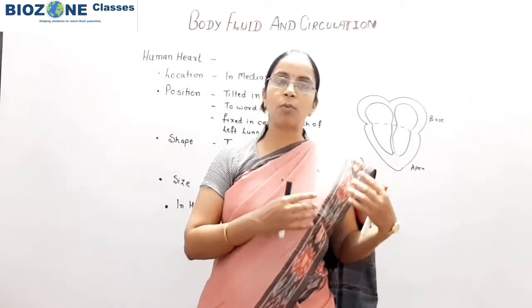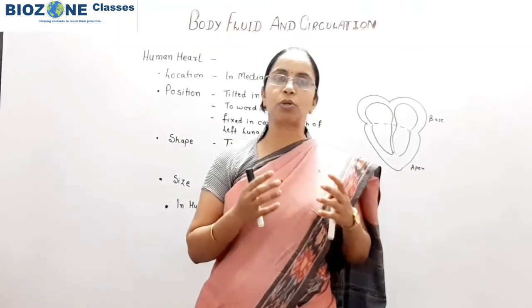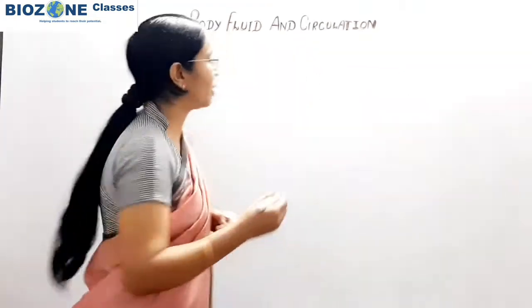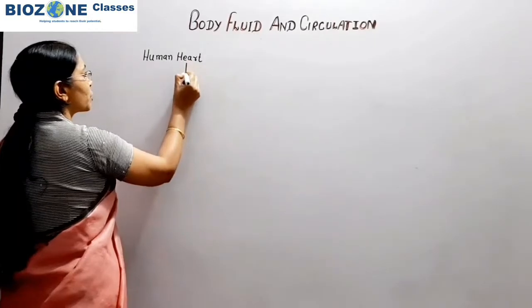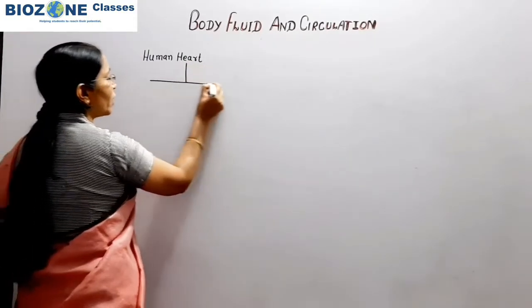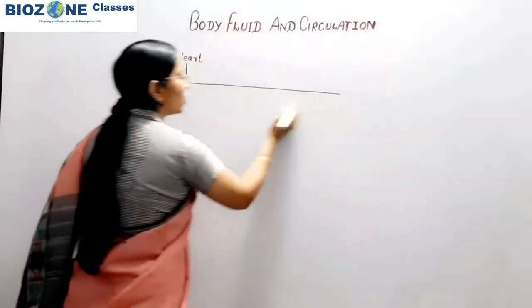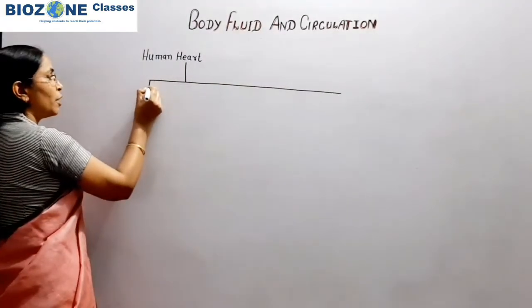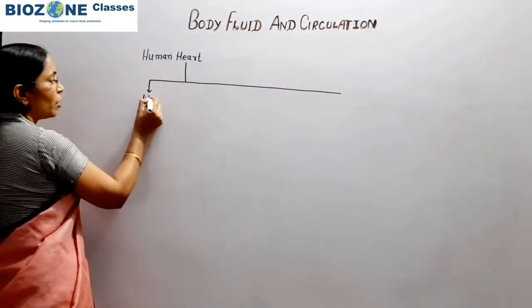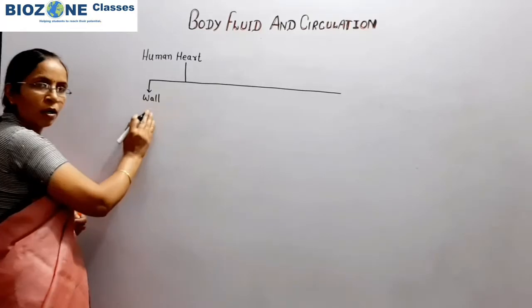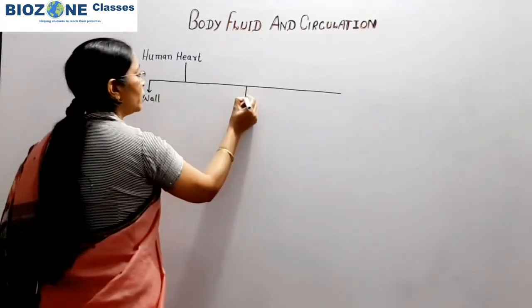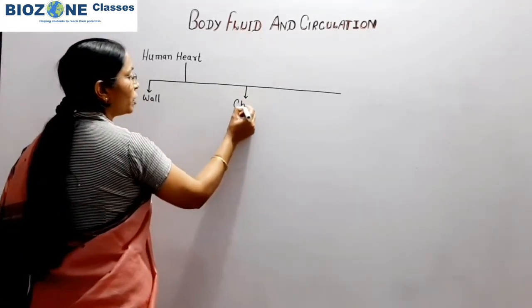Now we come towards the main structure of the heart. In the human heart, the following structures are present, and once again I revise, the human heart is myogenic. First we study the wall or protective covering. Second, we study the chambers.